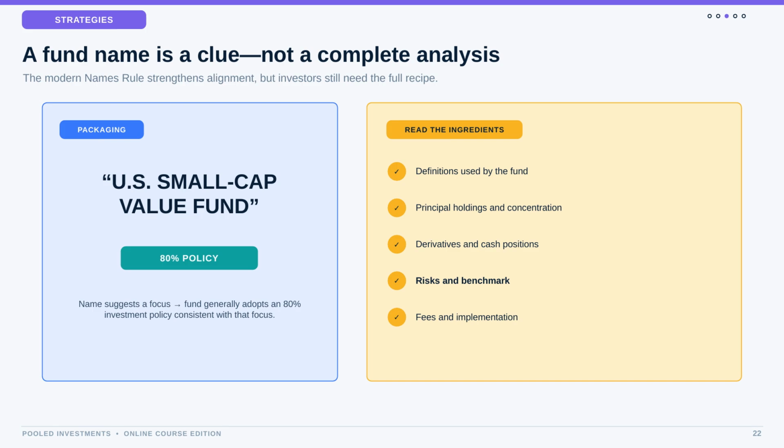Even so, the remaining portfolio, derivatives, cash, definitions, and implementation choices still matter. Investors should read the investment objective, principal strategies, holdings, and risks. A label can narrow the search. It cannot complete the due diligence.